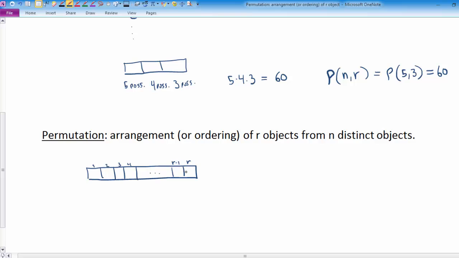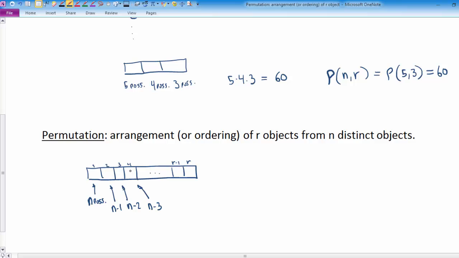Again, we can use the slots, the blanks. This time we'll have R of them. For the first slot, we have N possibilities. That's the total number of objects. For the second slot, we have one less, N minus 1. For the third slot, N minus 2. Fourth slot, N minus 3. And notice that every time we move on to a new slot, it's the total number minus the number of previous slots.